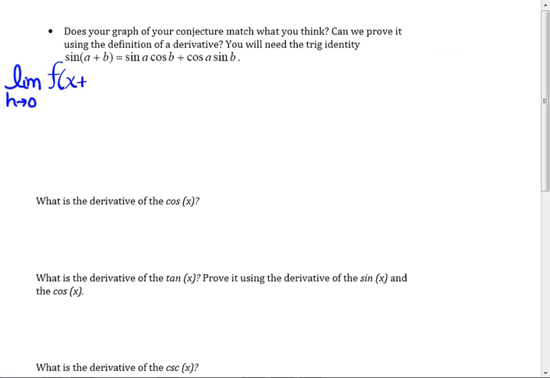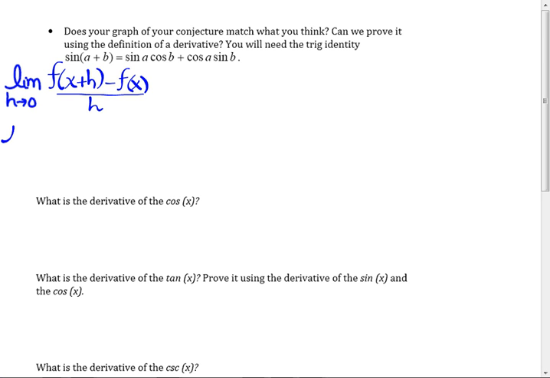Let's do h rather than c, but it doesn't really matter. Okay, we all see the derivative there? What's going to happen is you're going to see a limit like that on the exam, and you're going to say, oh, I just want the derivative of the sine function. You're not going to want to do this, because this is hard.